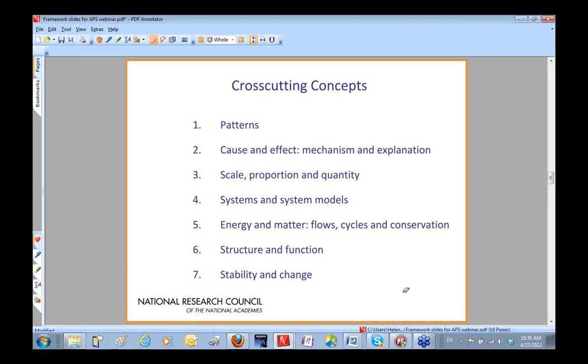So I see the practices and the cross-cutting concepts as the connective tissue that makes science science. What is similar about physics and what is similar in biology, well, it's that they both are concerned with these same cross-cutting concepts, and they both are concerned with the same set of practices, even as they focus in on different specific questions and disciplinary ideas.